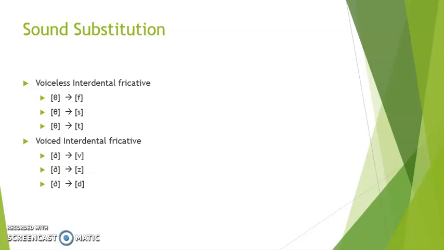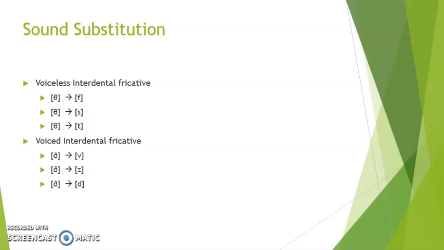So instead of th, we might say f, which is very close, or we might substitute s for th, like instead of think, sink, or we might even substitute t, like instead of thank, tank. And similar substitutions could be made with the voiced one. Instead of the, we might say v or z or d, like dat.